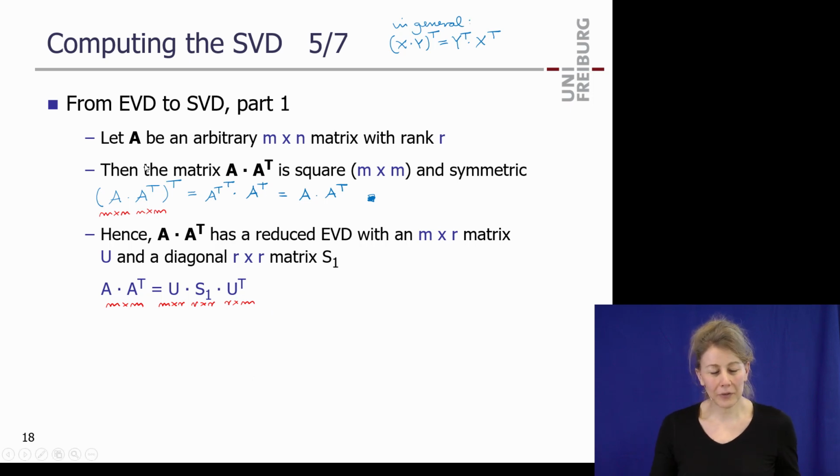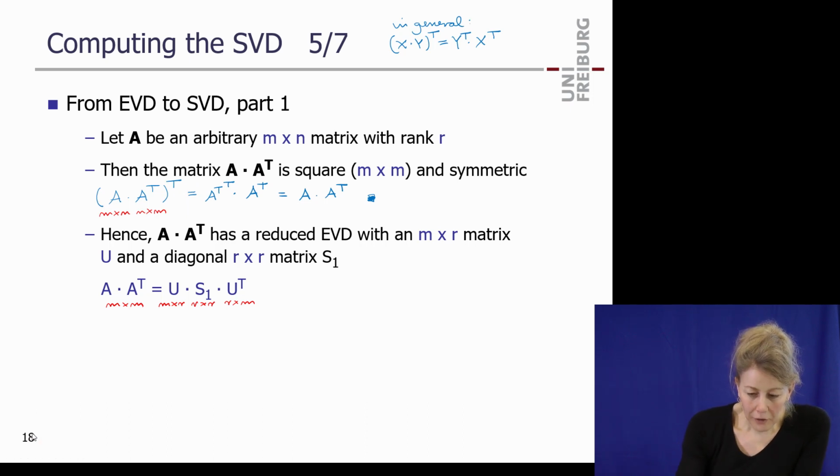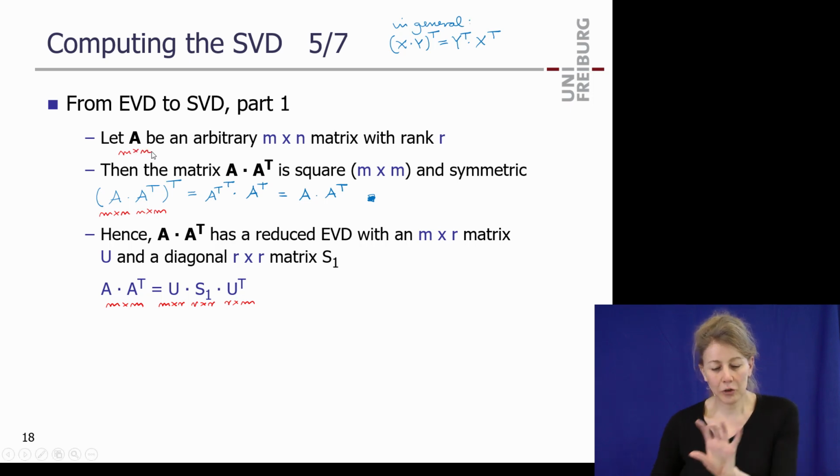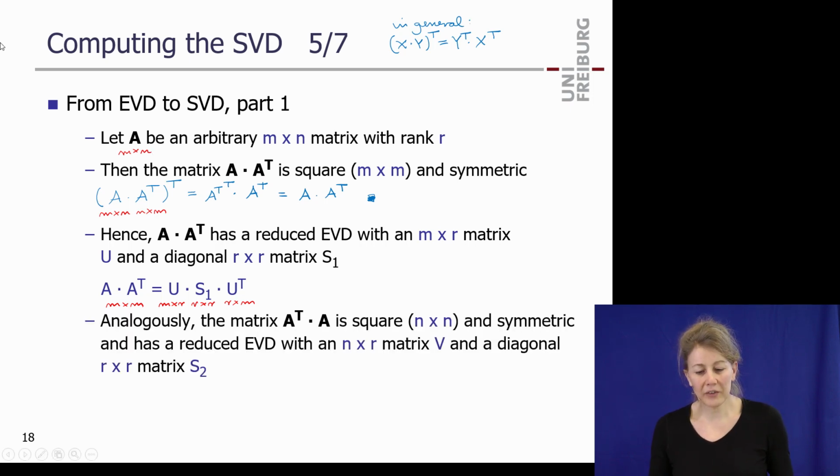I thought the first was n times n, and the other is n times n. So this is m times n, right? Yes, that's okay. And then the transpose is the other way around. Rows become columns. You can do the same thing.